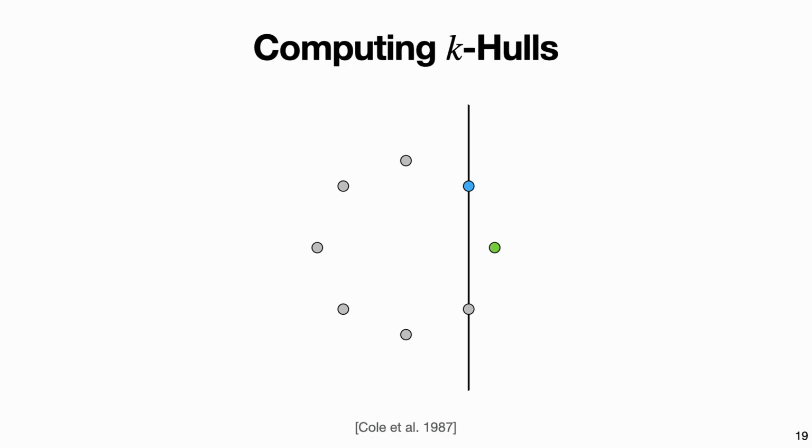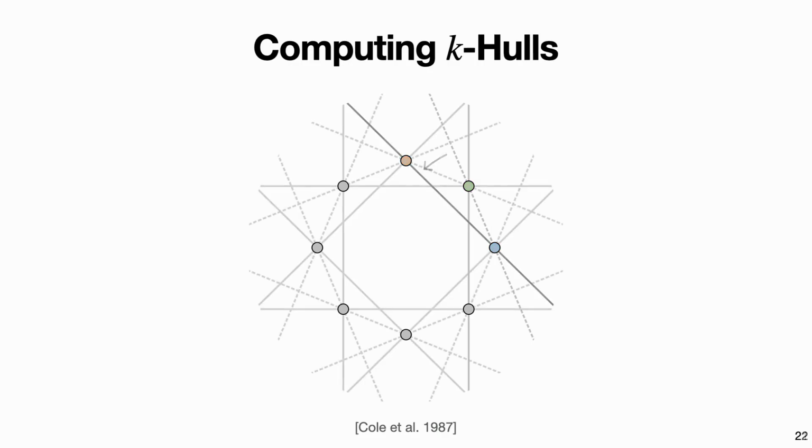For example, k equals 1, so there's 1 point in the exterior. Then we rotate around the blue pivot point, find the next point, and connect these two to get the next half space. We then continue this counterclockwise rotation around the newly found point, find a new point, create the half space, and so on.